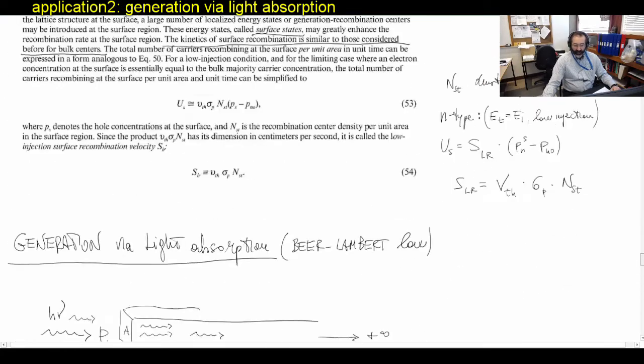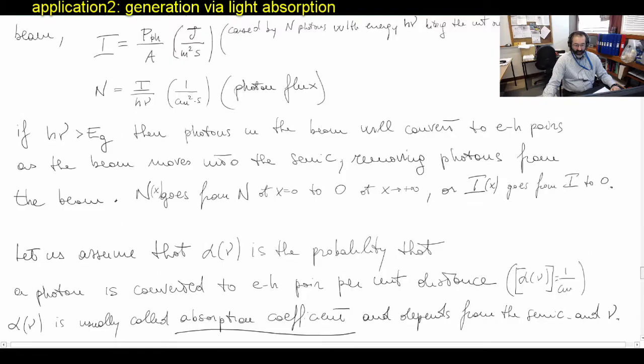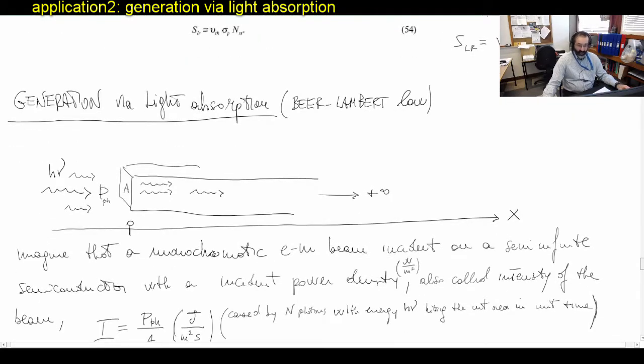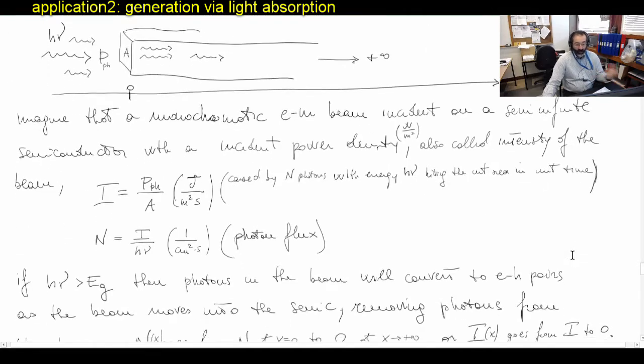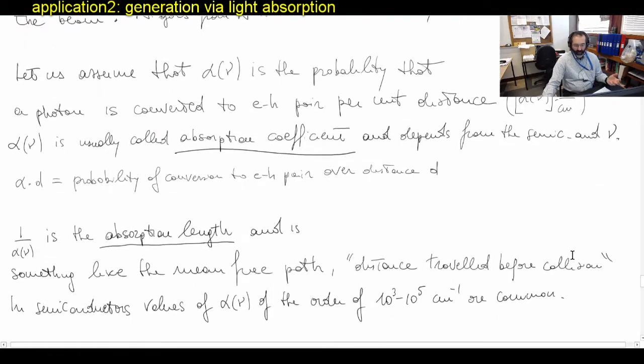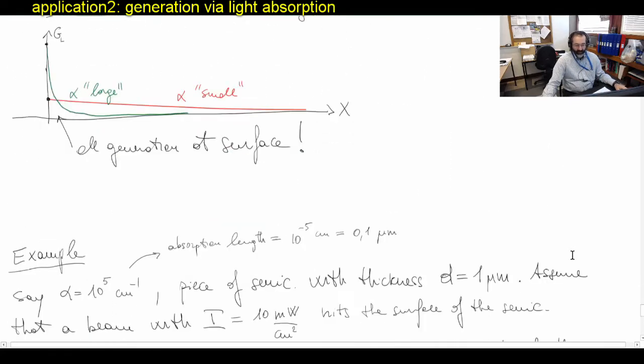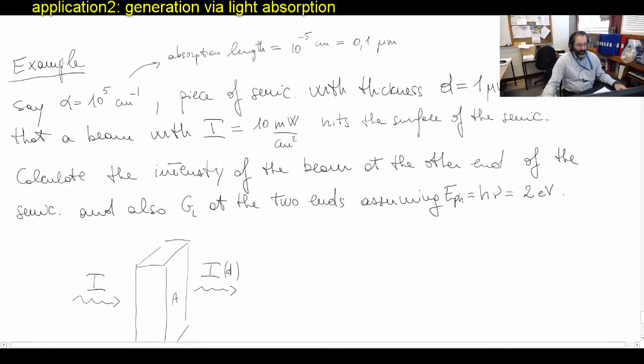And I have here another nice example, related to generation via light absorption. If you remember, we had found the Beer-Lambert law, and I wanted to show you a nice example of it.